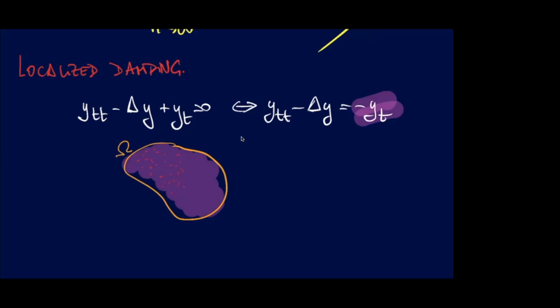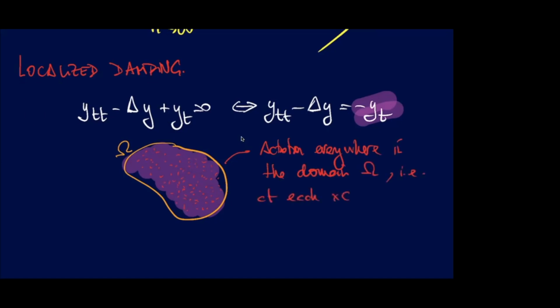We need indeed an actuator at every point X being able to apply a force which is precisely the velocity yt at that point X. So this will mean actuation everywhere in the domain omega, meaning that at each X we have an actuator able to realize the force F(x,t), which is equal to minus yt(x,t).